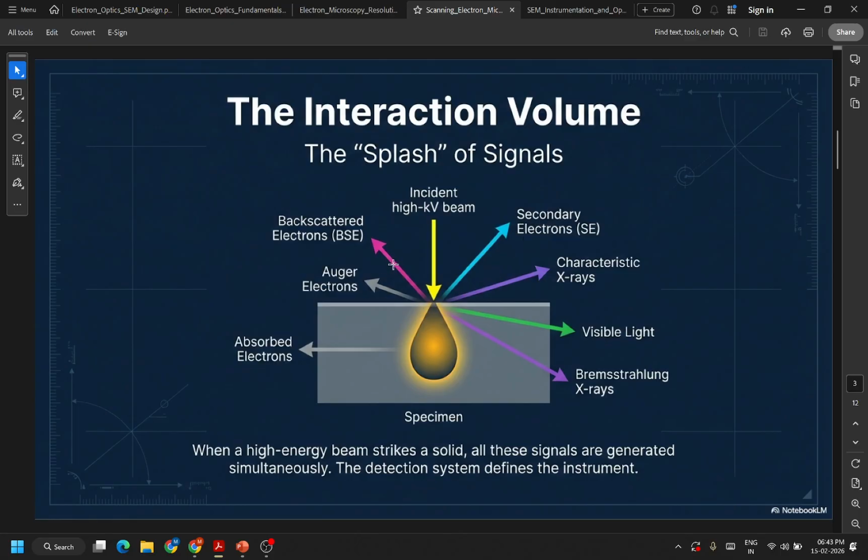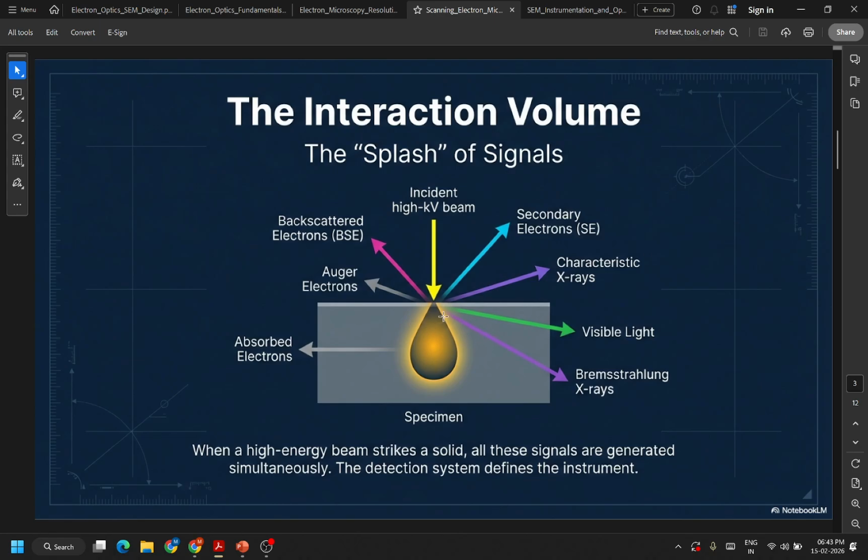Backscattered electrons are scattered by the nucleus of atoms in your specimen, and secondary electrons are repelled by the electrons. So the incident electrons hit the valence electrons inside your atoms and eject those electrons. So they are called your secondary electrons.